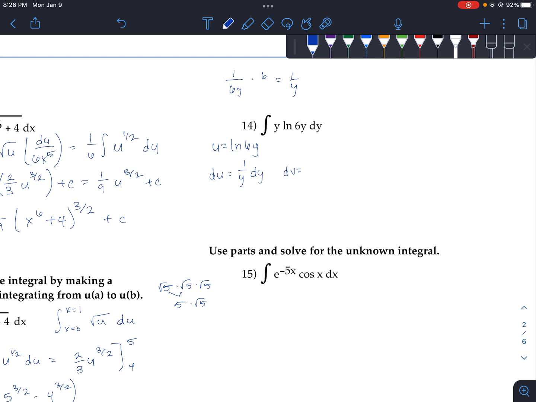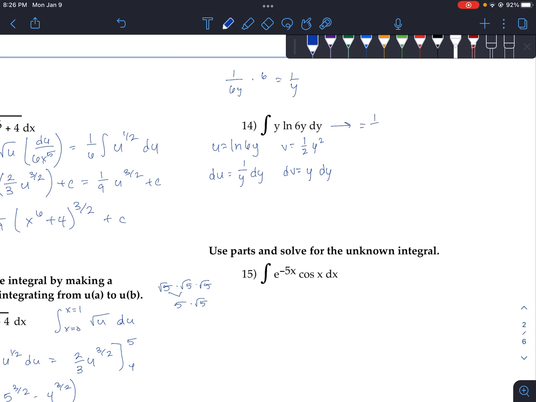Now dv we'll say is equal to y dy, and then v would be equal to 1/2 y squared. Okay, so this integral should be equal to u times v.